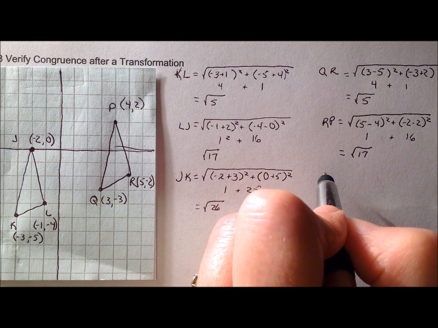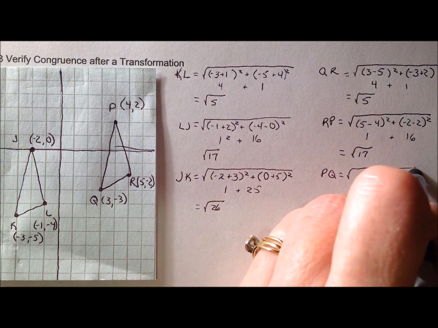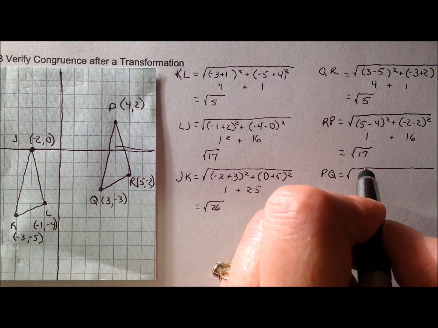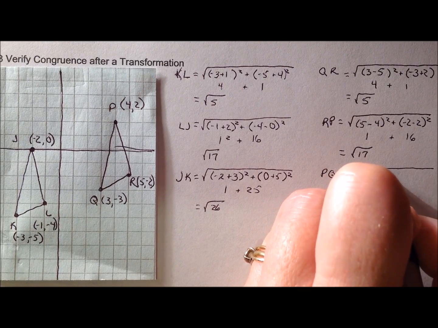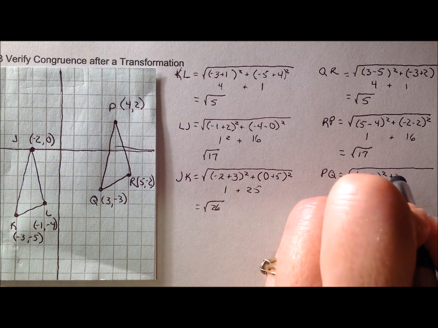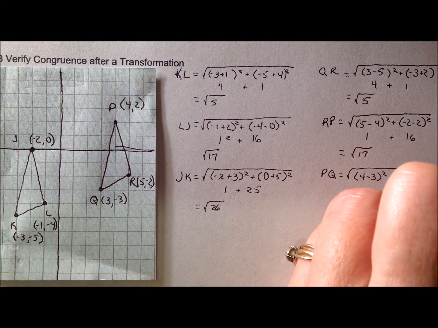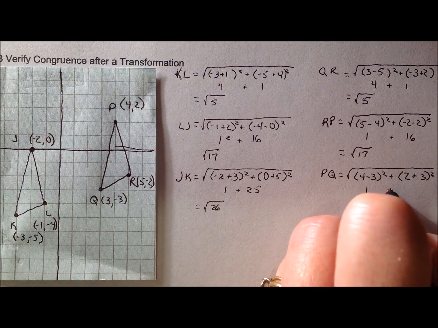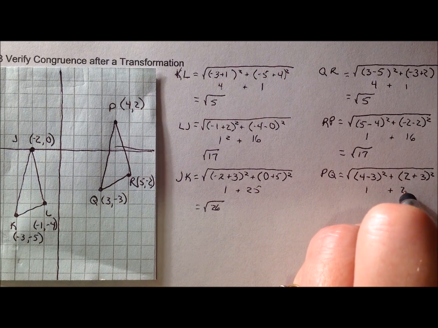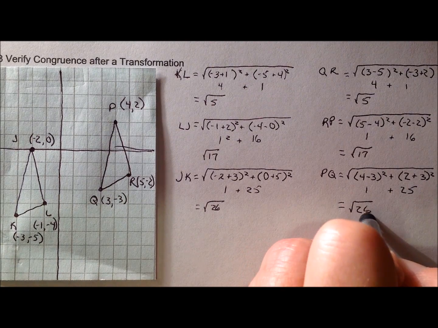And over here for PQ, our x coordinates are 4 minus 3, squaring that, plus our y coordinates, the difference there is 2 plus 3, so we have 1 squared plus 5 squared, which once again is radical 26.